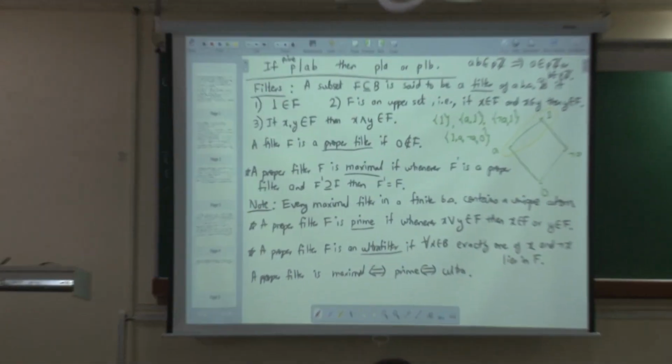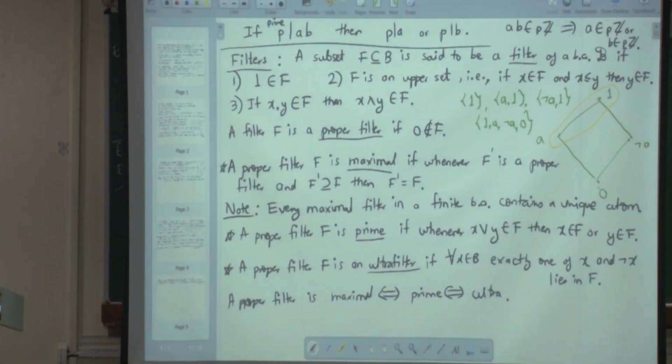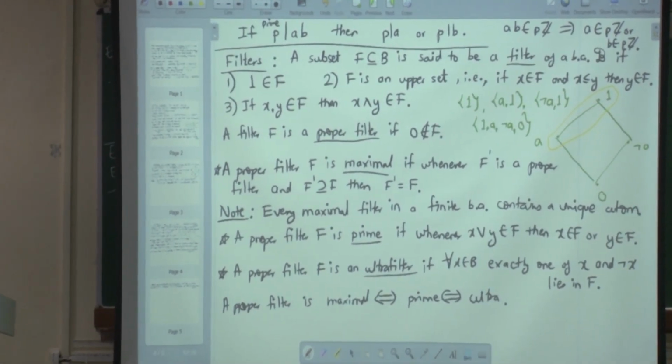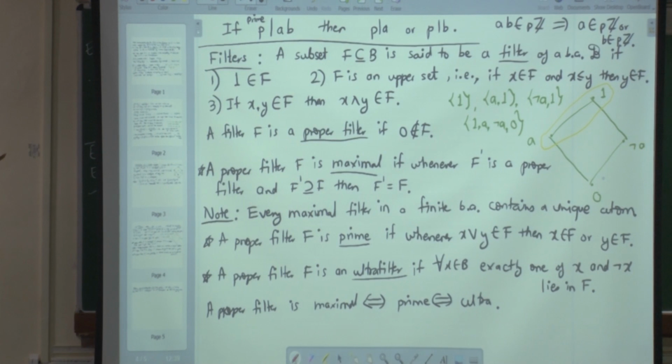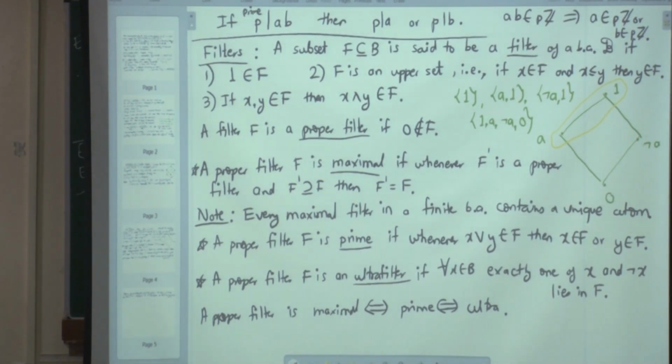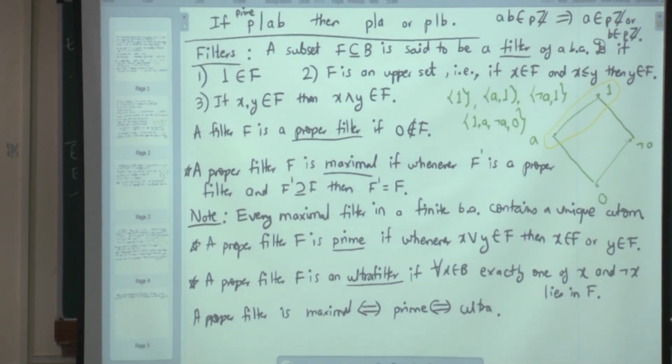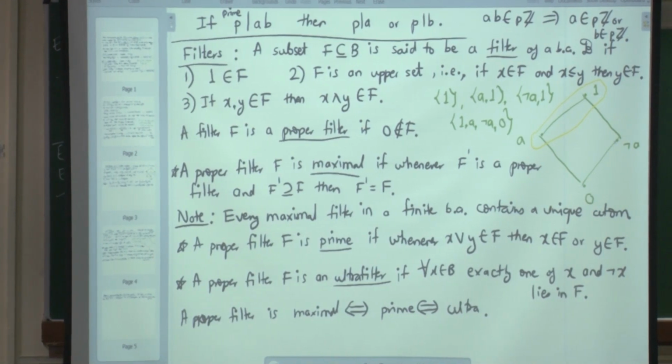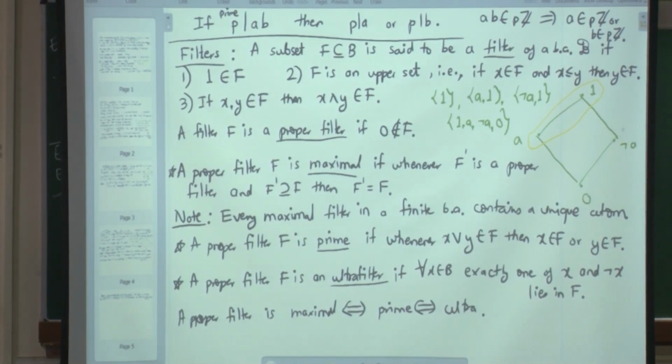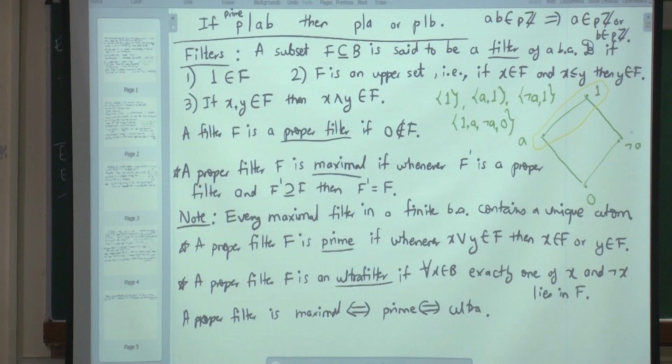So observe here, in this yellow example. What is the negation of 0? Exactly one of 0 and 1 lies in the yellow part. A and negation A, exactly one of them lies in the yellow part. Right, so it's an ultra filter.